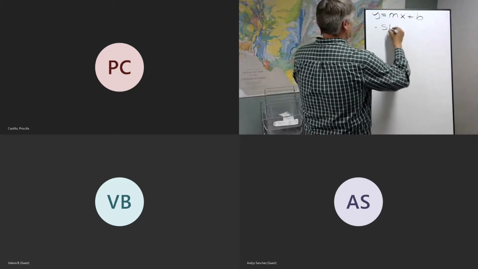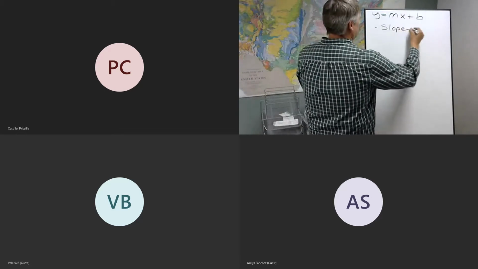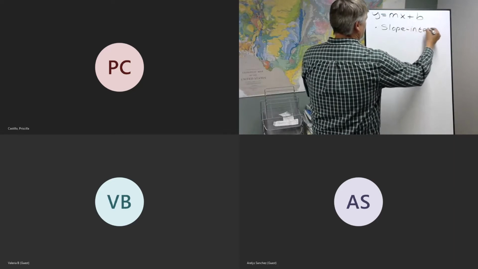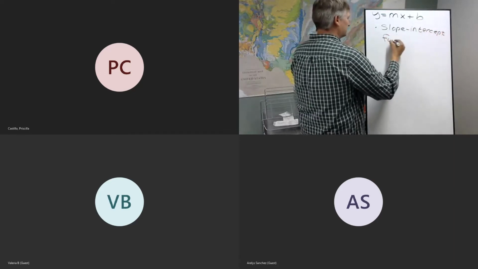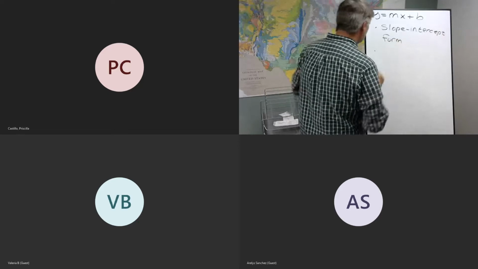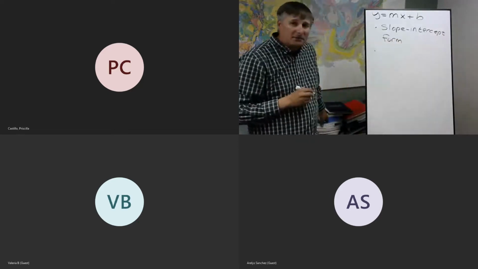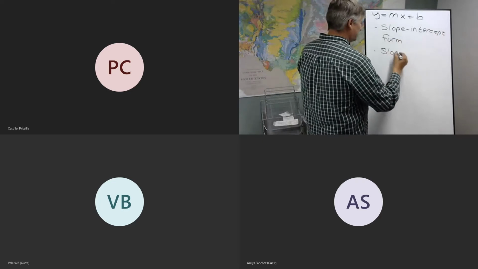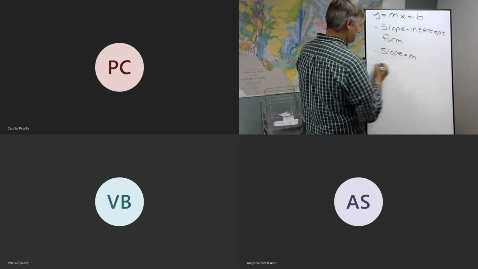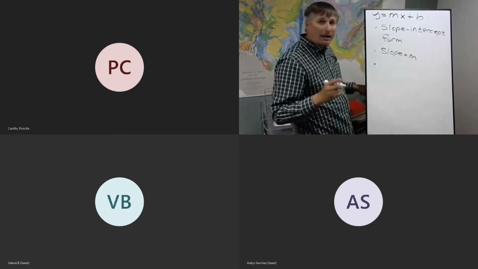This is called the slope intercept form. What this stands for is a slope of m and a y-intercept.